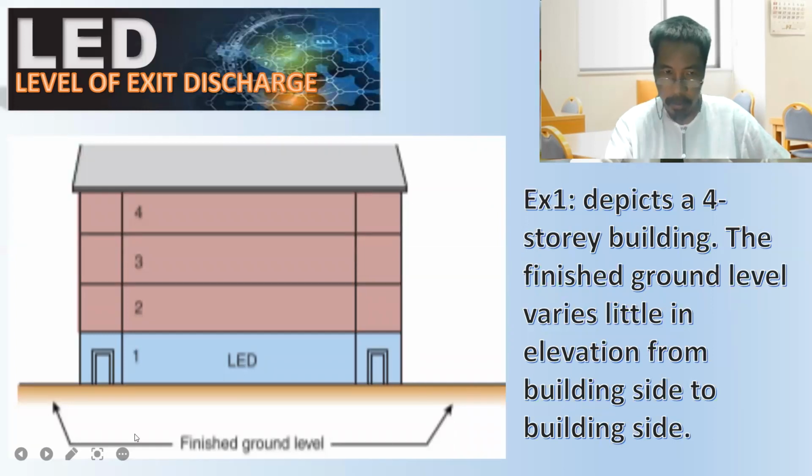Finished ground level here, finished ground level here. As you can see, there are 2 exits. The finished ground level varies little in elevation from building side to side, meaning they are almost on the same grade, same elevation.